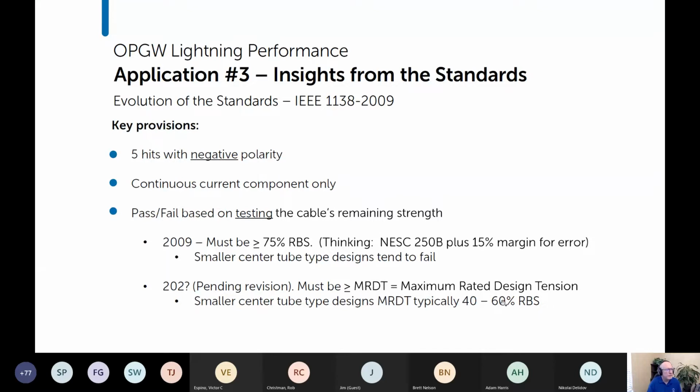Rarely is it any higher than this. So now you can see effectively you've lowered this requirement to 40 to 60% for these cables only. Other design types may still have a higher MRDT, and therefore they have to meet their manufacturer-stated MRDT.